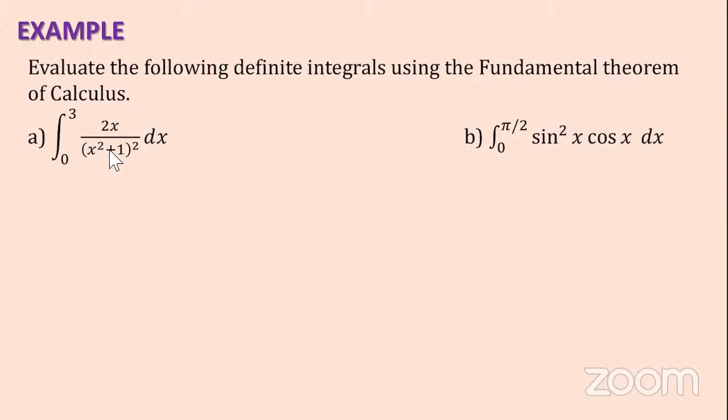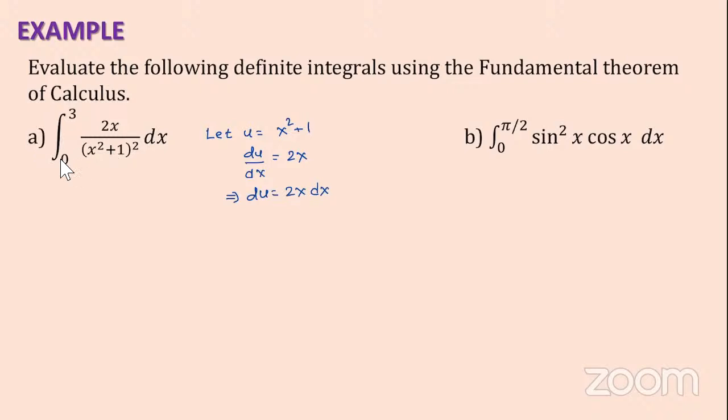We consider x squared plus 1 as u. So for the first part, let's consider u equal to x squared plus 1. Then if we differentiate, du over dx is equal to 2x, which is the same as du equal to 2x dx. Now let's make that substitution.